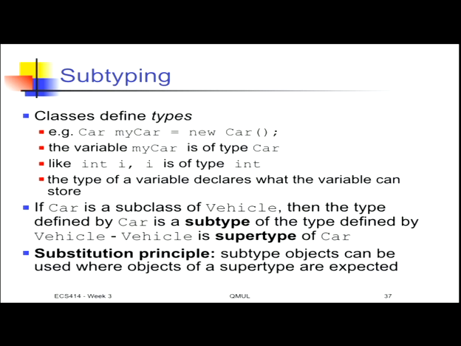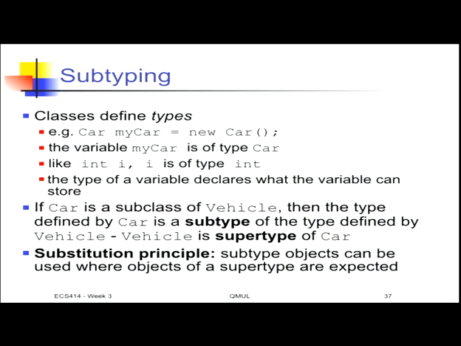Now, car is a subclass of vehicle. If we see it in terms of types, we can also say that car is the subtype of the type defined by vehicle. So vehicle is the supertype of car. So this is rephrased in type terms, rather than the classes terminology.